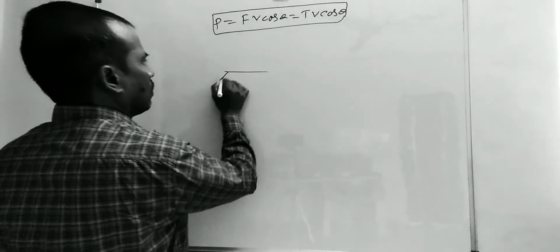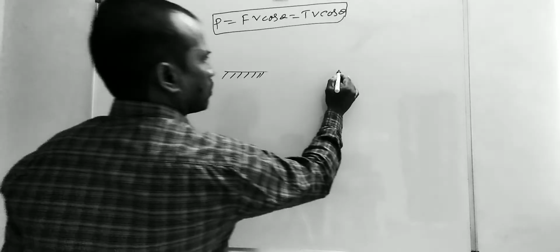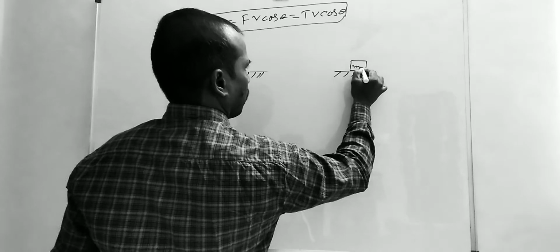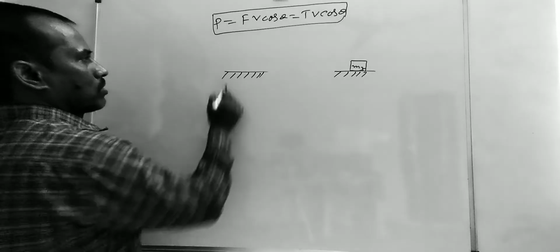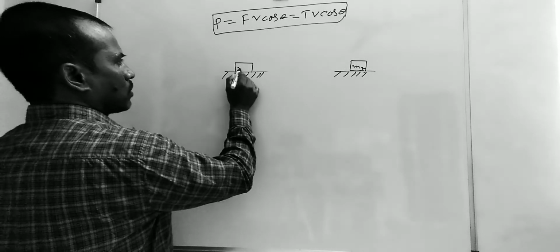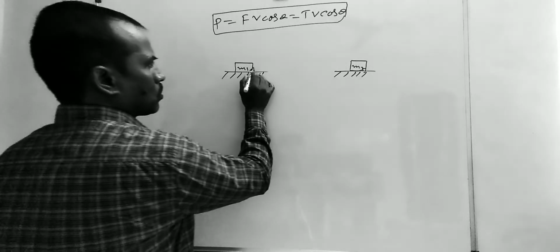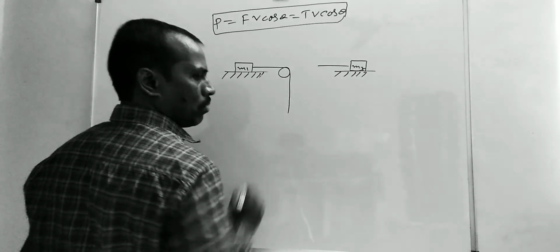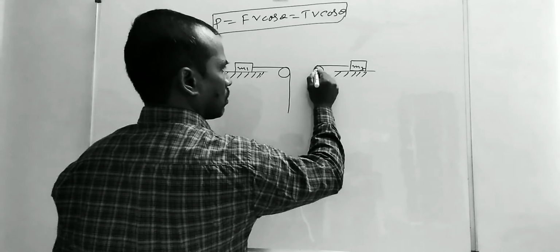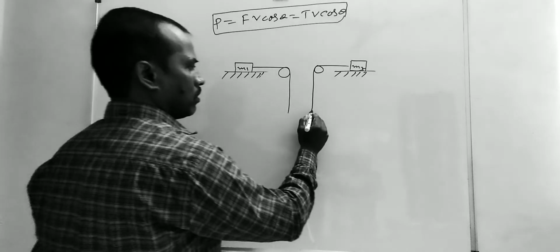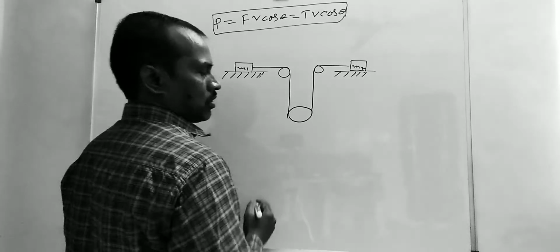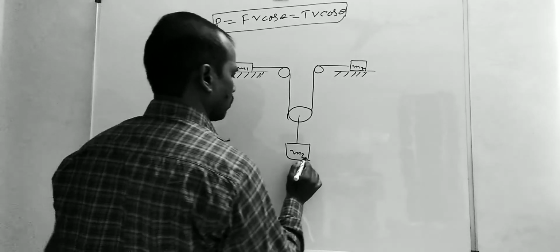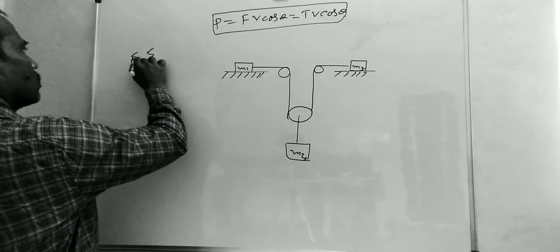This is a wall, and this is also a wall. Block M1 and block M2 are placed on the surface, and the strings go over the pulleys. This is block M3.